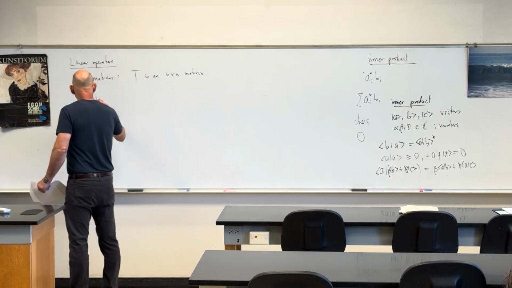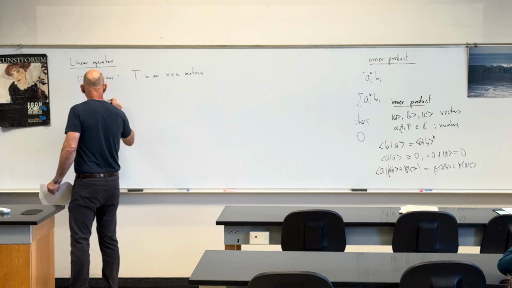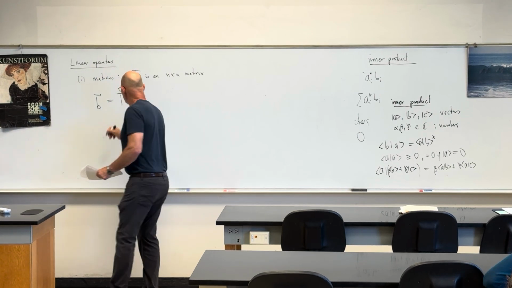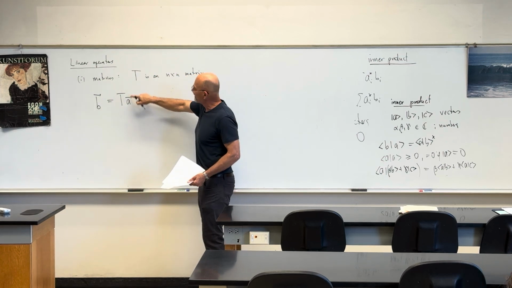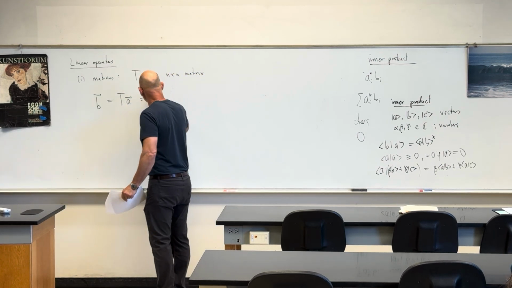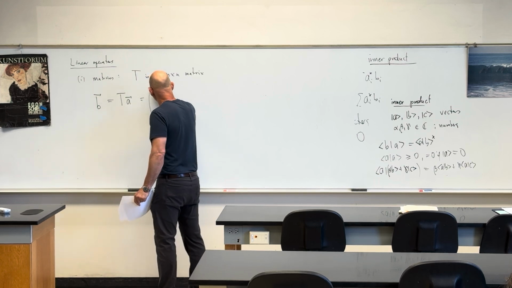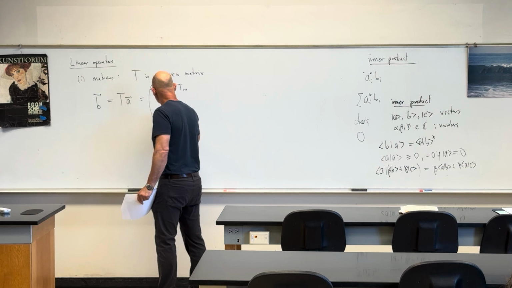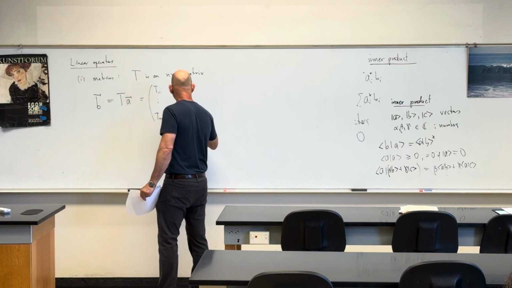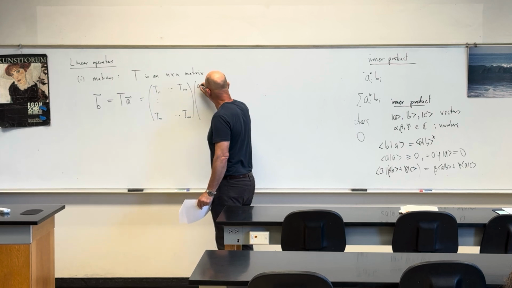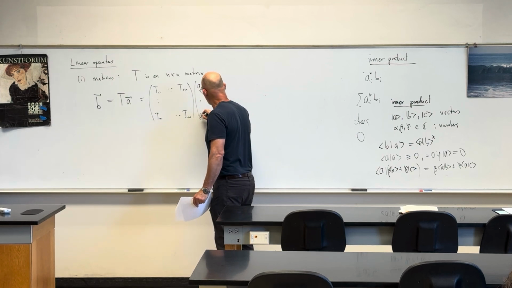So then, with our vectors, you operate this matrix on a vector and you get another vector. That would be T11 to T1n to Tn1 to Tnn, operating on this vector A1 to An.